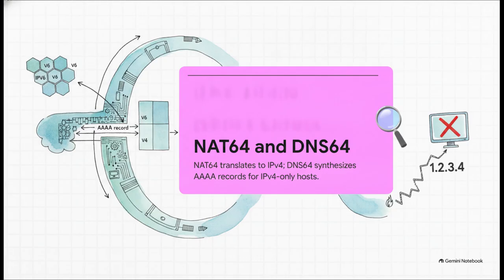NAT64 translates IPv6 packets to IPv4 at the gateway, while DNS64 synthesizes AAAA records so an IPv6-only client can actually resolve an IPv4-only hostname. But here's the catch. If an application hardcodes an IPv4 literal IP address, like trying to connect directly to 1.2.3.4, it bypasses DNS64 entirely. That breaks NAT64 and the connection fails. Hard-coded IPs are a massive headache here.